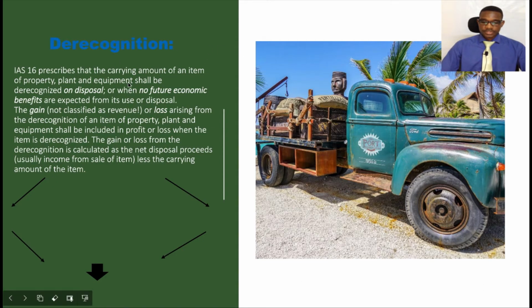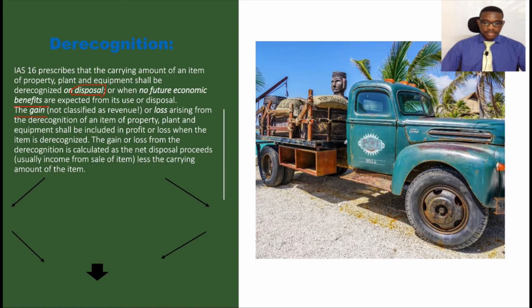IAS 16 prescribes that the carrying amount of an item of property, plant and equipment should be derecognized on disposal, or when no future economic benefit is expected from the asset. That's why we need to remove it from the financial position, where there is a gain or a loss.